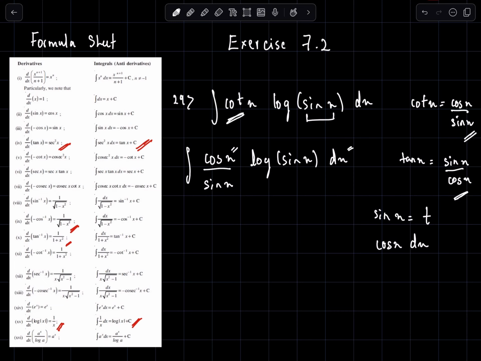See, cos x dx is equal to dt. Okay, so let's substitute. So integral, so log of t, because sine x is t. And you have sine x in the denominator, which is t again, and then cos x dx is dt.